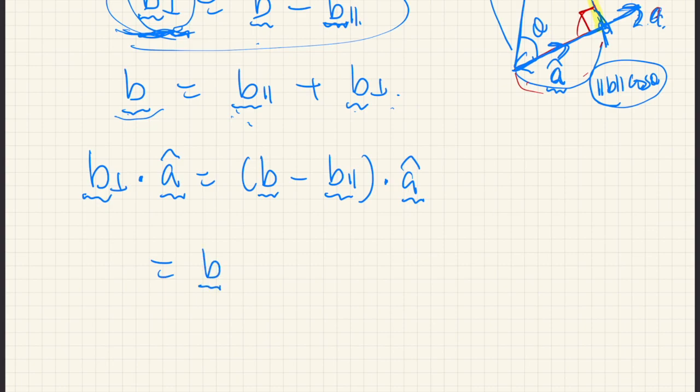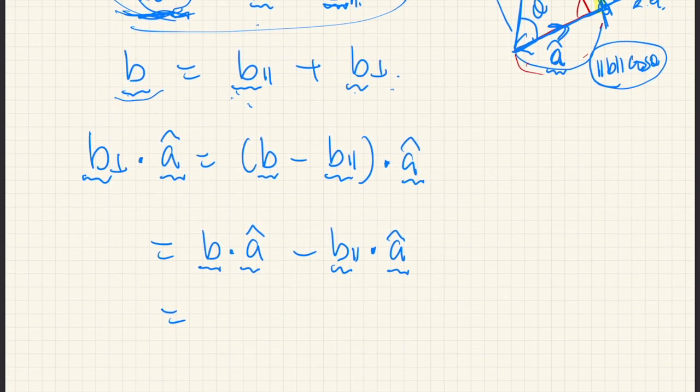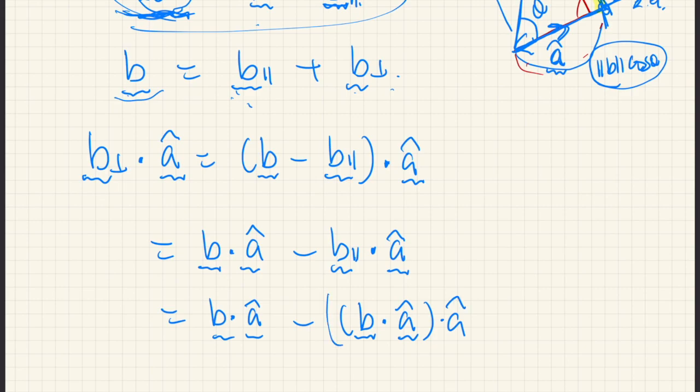The dot product is distributive, so we can expand this, and we get B dot A hat minus B parallel dot A hat. Now the definition of B parallel is this one, so we consider B dot A hat times A hat, dotted with A hat.